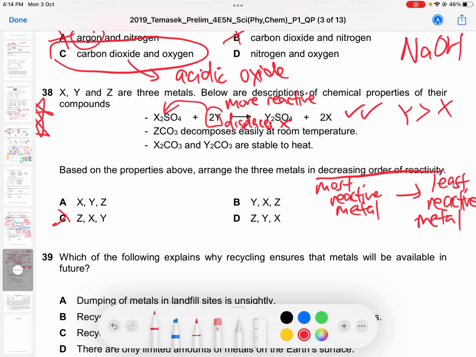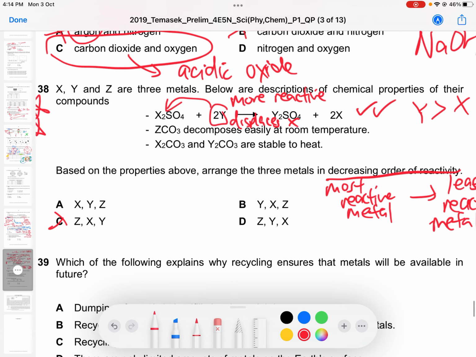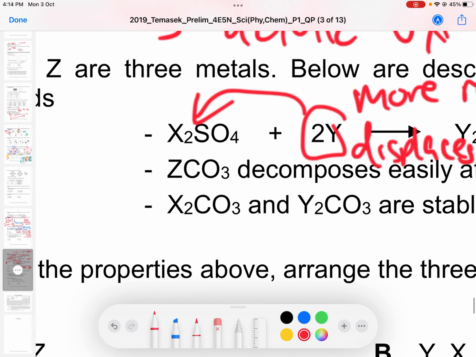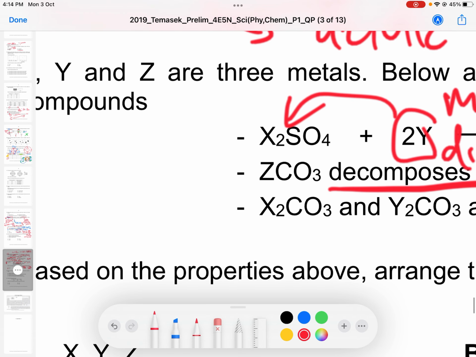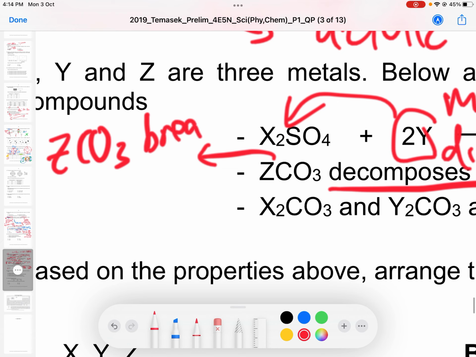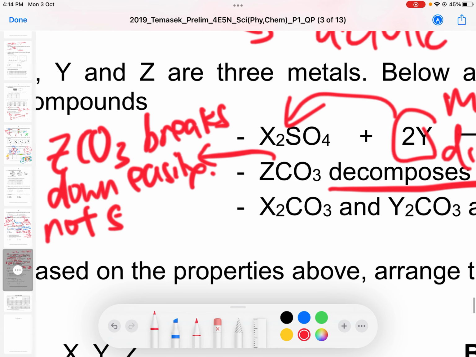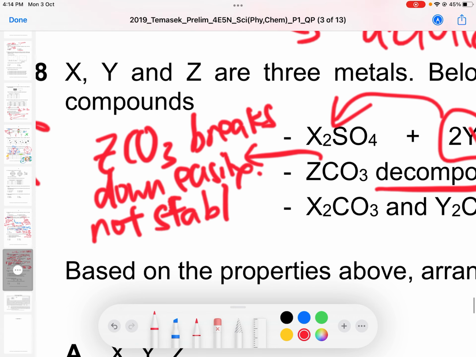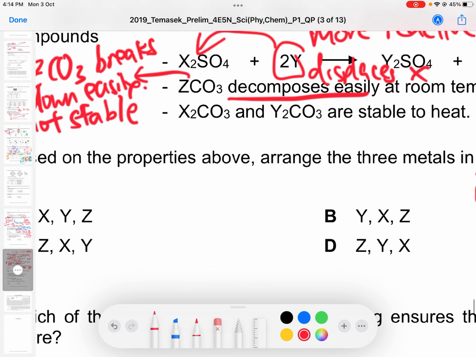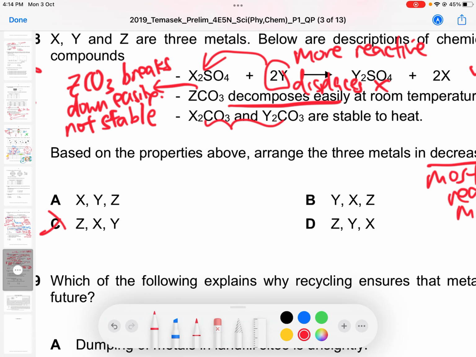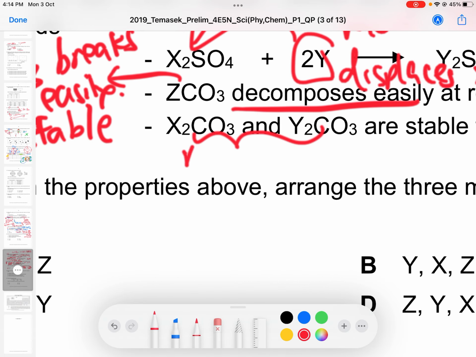Then they tell you that Z decomposes easily. Z decomposes easily, meaning this part here means breakdown. Breaks down easily. Not stable. Whereas these two are very stable.